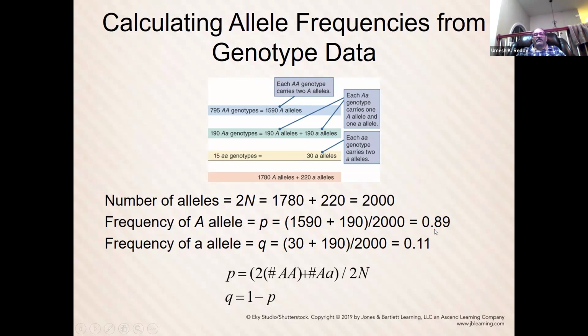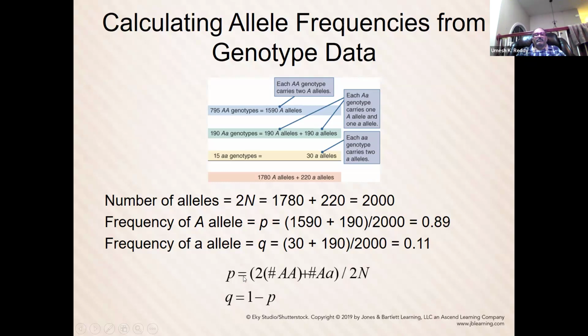So 89% of the alleles in those 1000 people are capital A alleles, and small a alleles are Q. That is 30 plus 190. The 30 are recessive, so 15 individuals, because each has 2 alleles, 15 times 2, 30 alleles. 30 alleles plus 190 gives 11%.